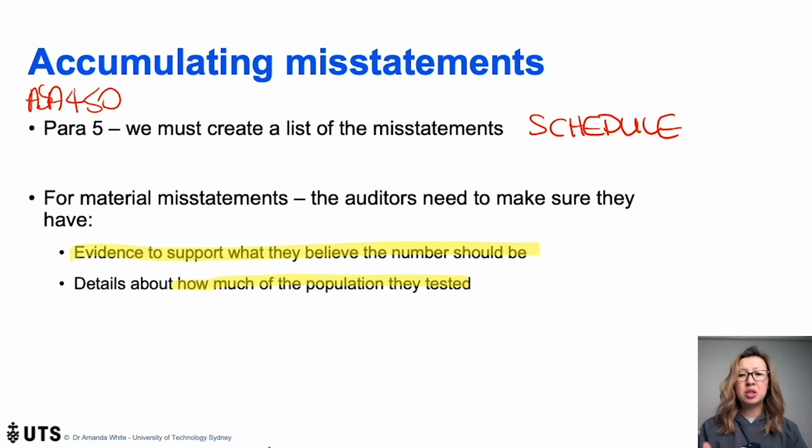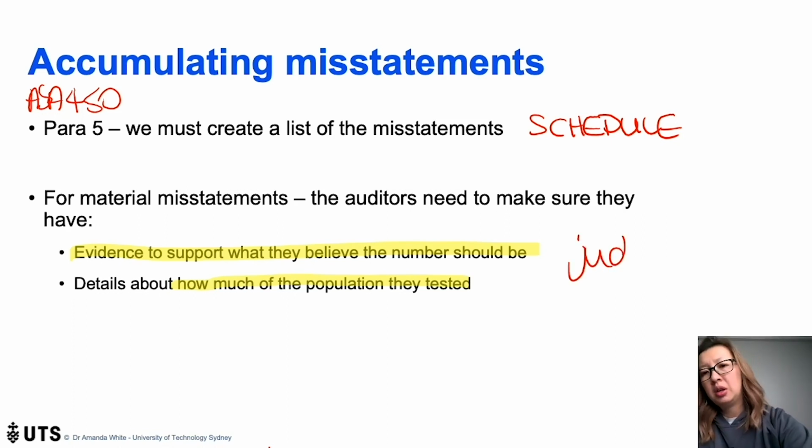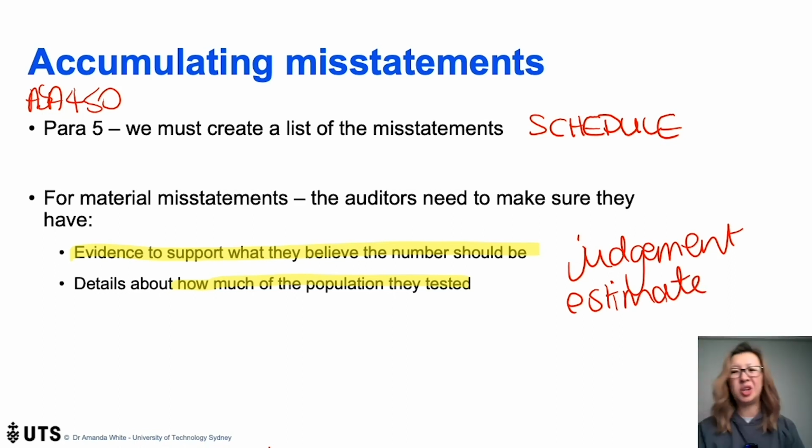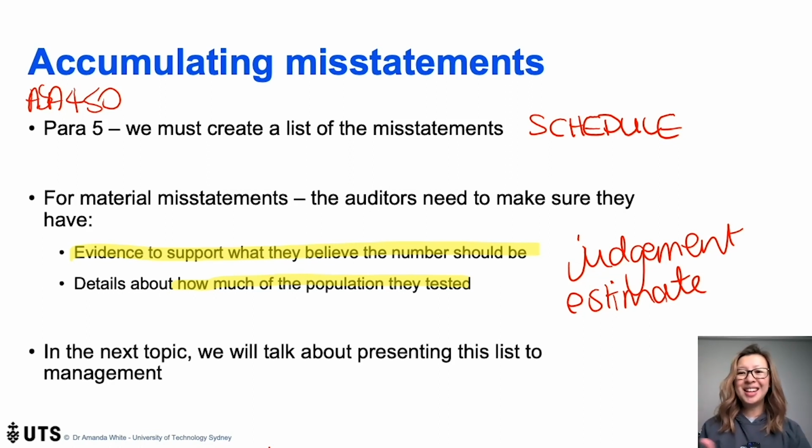But where there is more judgment, or if it's something related to an accounting estimate, we need to make sure we have our expert opinions, we've got all the evidence to be able to convince them, yep, this is the correct amount. In the next topic, we're actually going to talk about how I present this list to management. What do I talk about? What are the things that I need to consider when I'm negotiating with management? Because this is something none of the textbooks talk about, but is really important.